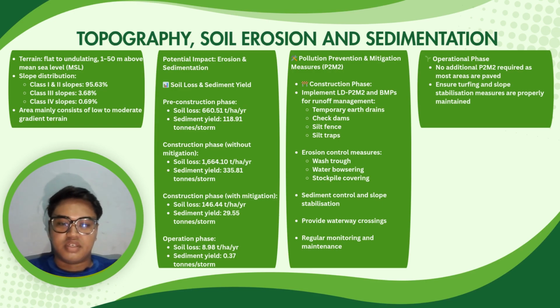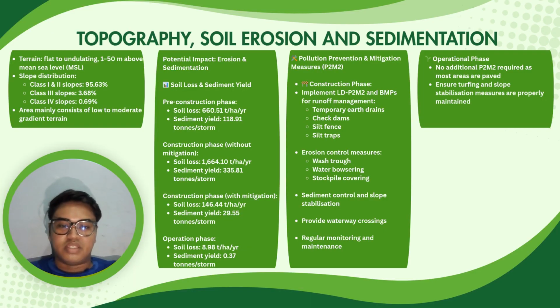However, during the construction phase, without any mitigation measure, the impact increased significantly, where soil loss rose to 1,664.10 tons per hectare per year, and sediment yield increased to 335.81 tons per storm. This shows that construction activities can greatly increase erosion if not controlled.